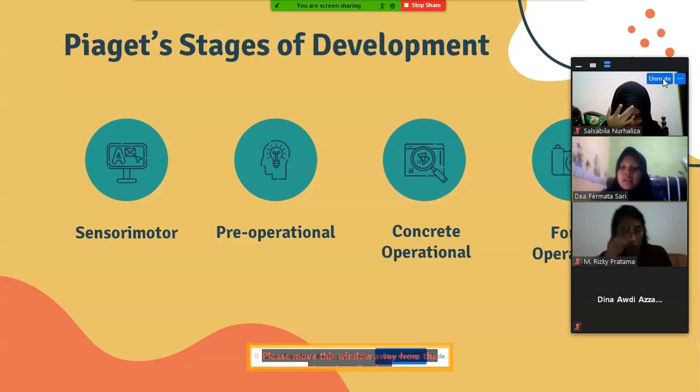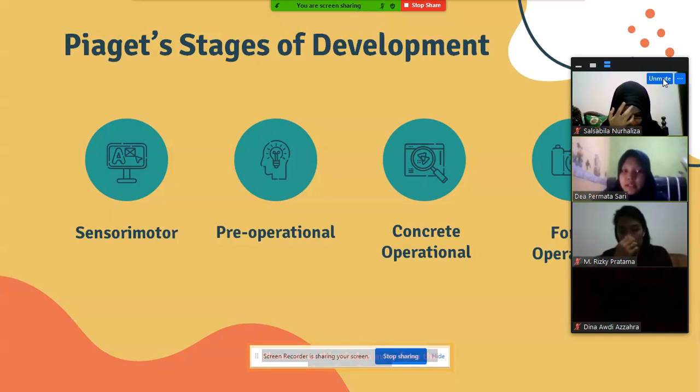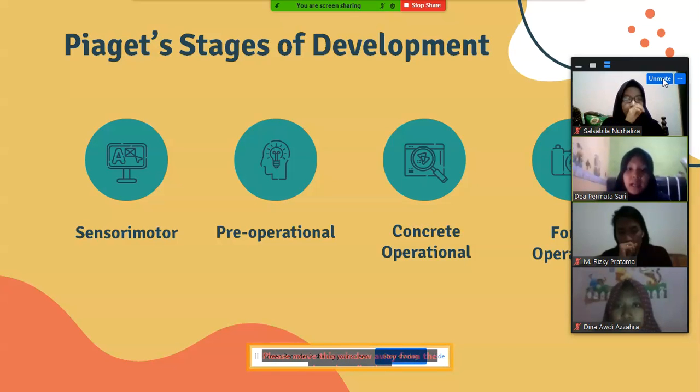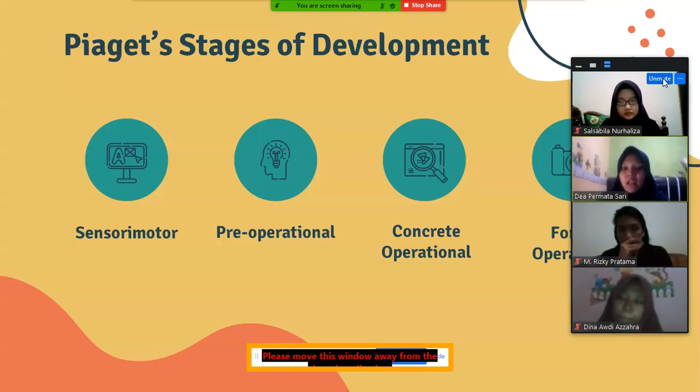And the third is concrete operational. Approximate age is from 7 to 11 years. Children at this stage can form concepts, see relationships, and solve problems, but only as long as they involve objects and situations that are familiar.